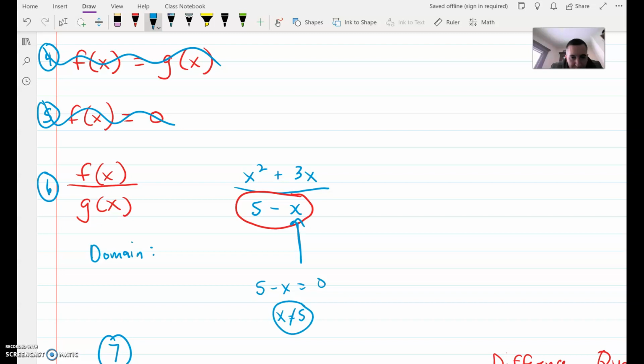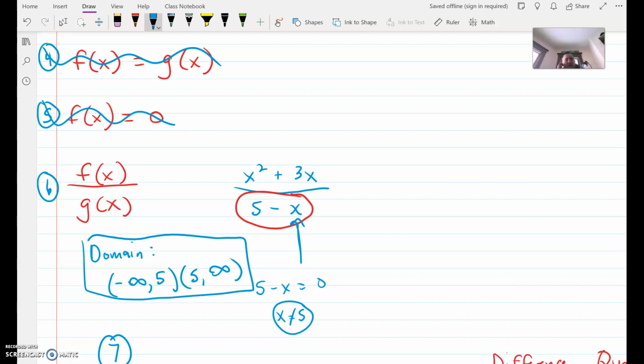Let's check it. 5 minus 5 is 0. Yeah. So x cannot be 5. So our domain then would be -infinity all the way up to 5, skip over 5, and then go to infinity. That is our answer. If I ever ask you something about domain, remember, you look for fractions and you look for square roots. Because we can't have any negative numbers underneath the square roots.